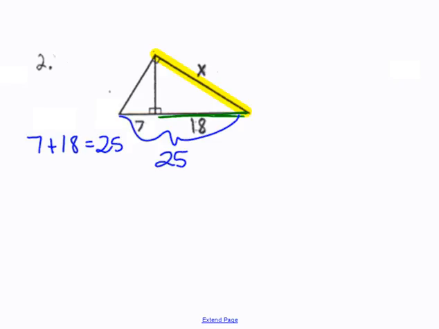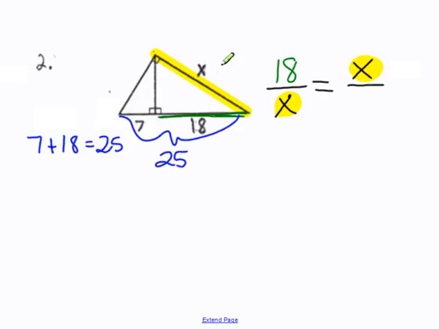All right, so let's set it up. Okay. I've got my yellow is the x. And then I've got the long side of the hypotenuse, which is 18.